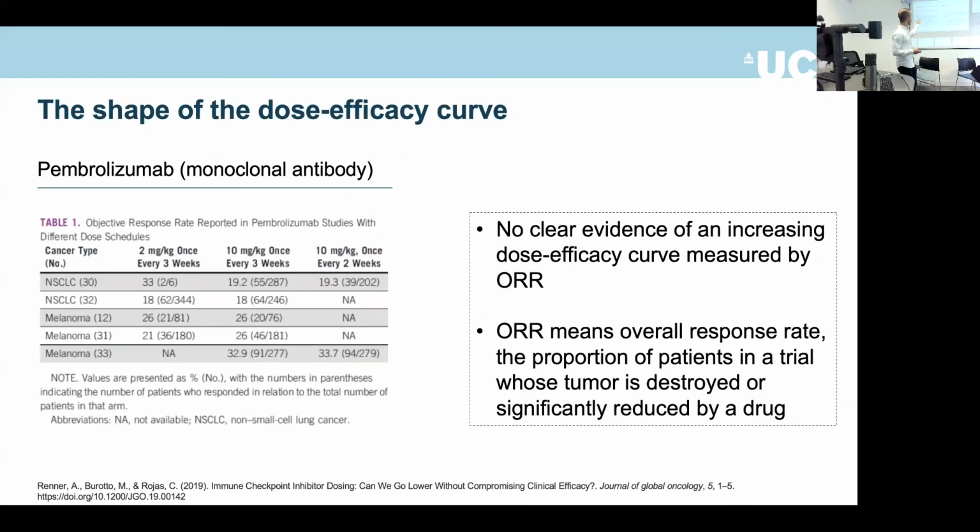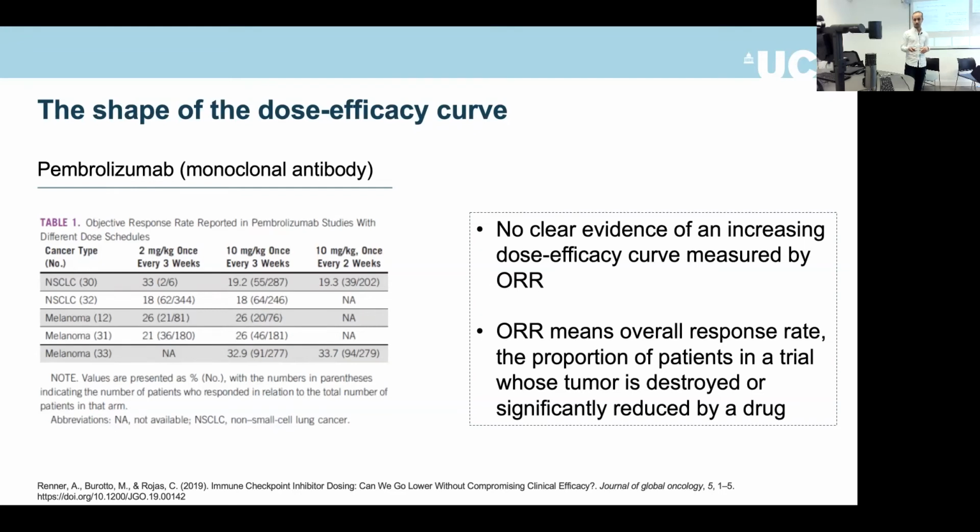If you look at the response rates, it is 33%, then 19%, then 19%. So there is no clear evidence here based on response rates that the dose efficacy curve is increasing. What do we mean in this context by response rates? It is the proportion of patients whose tumor is destroyed or sufficiently reduced for a sufficiently long period of time by the drug.